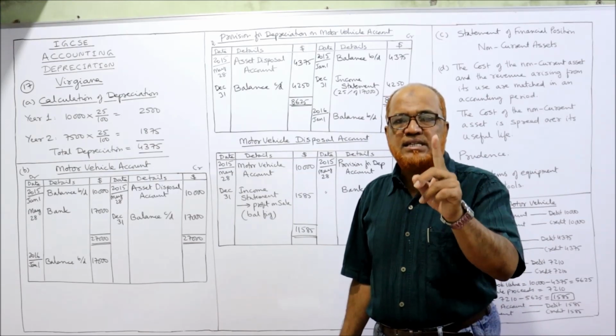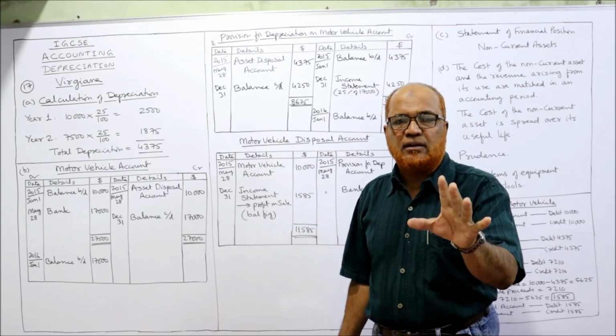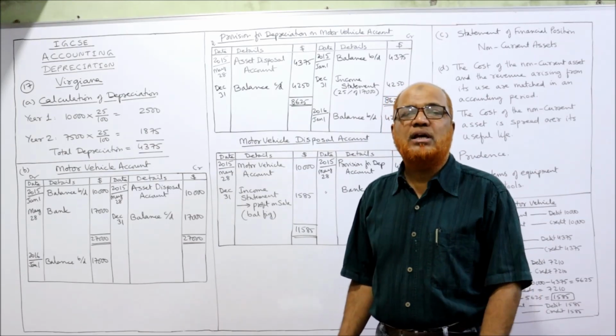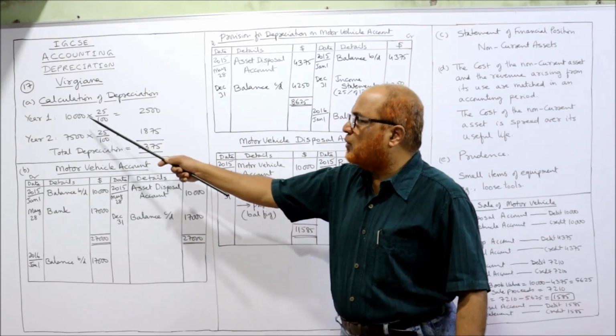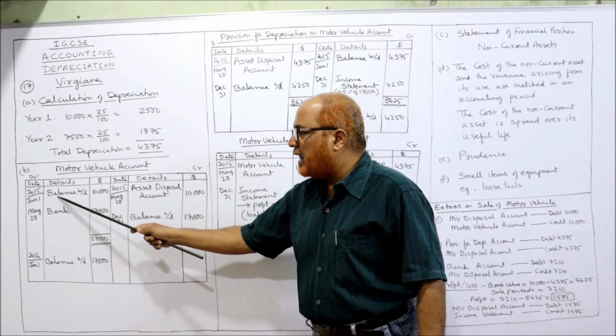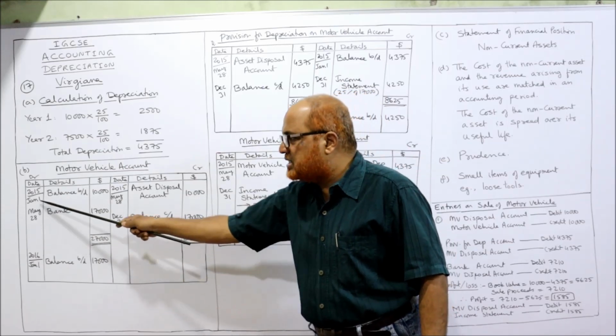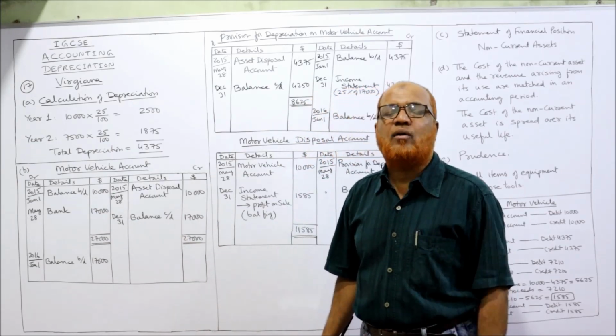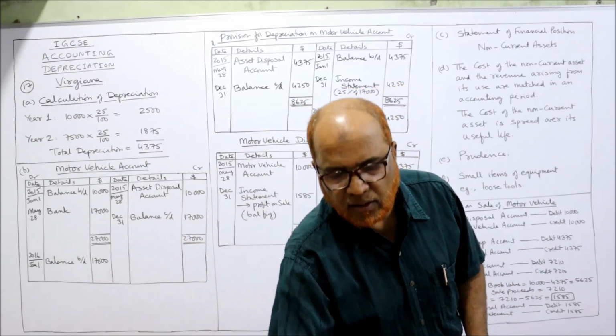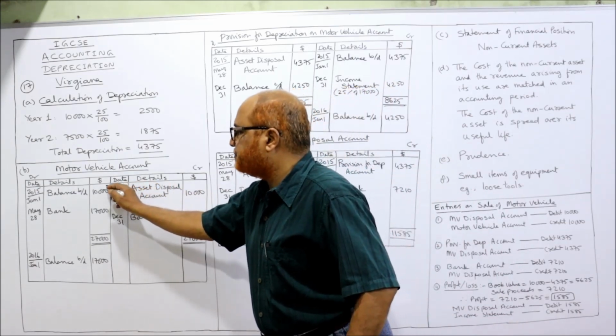So on 1st January 2015, balance brought down is 10,000. 10,000 is the cost of the motor vehicle. This is the opening balance at the beginning of the year. So we have taken opening balance 10,000.